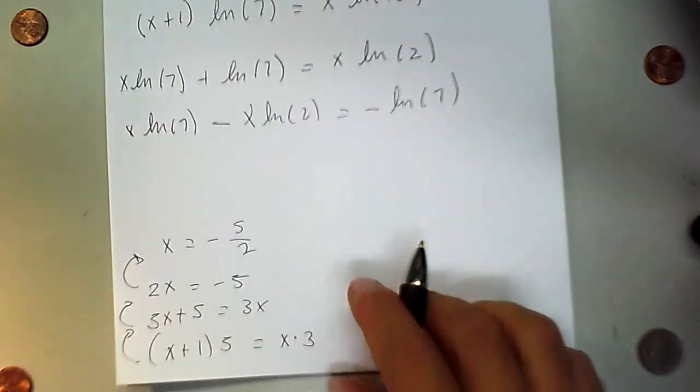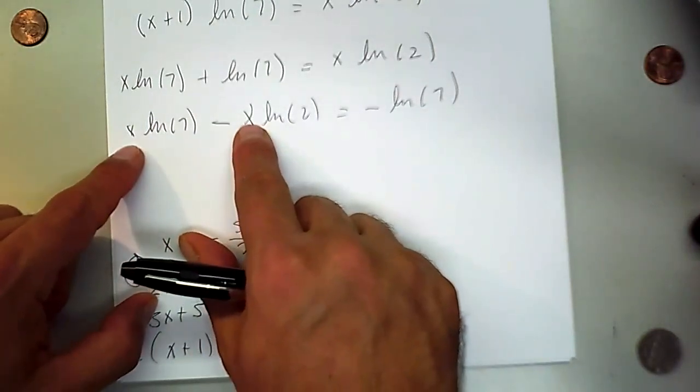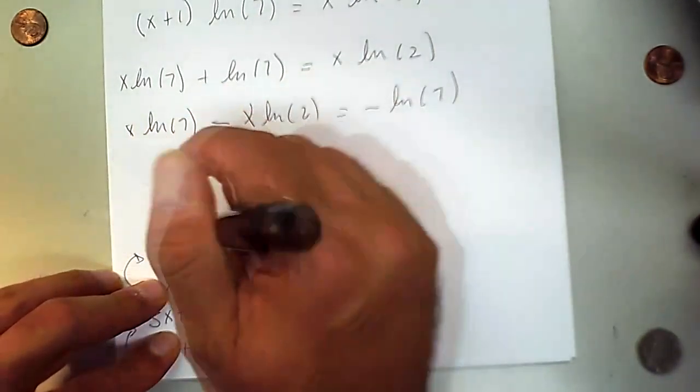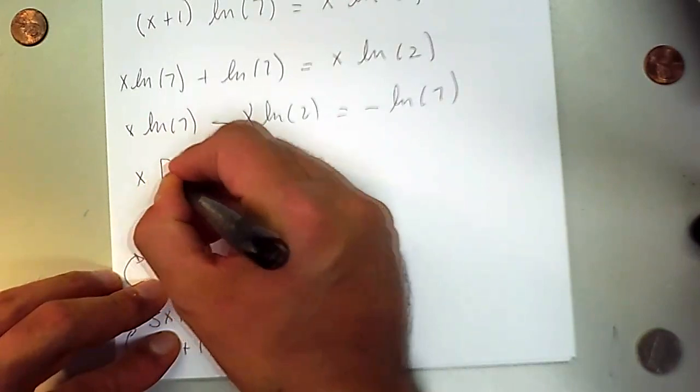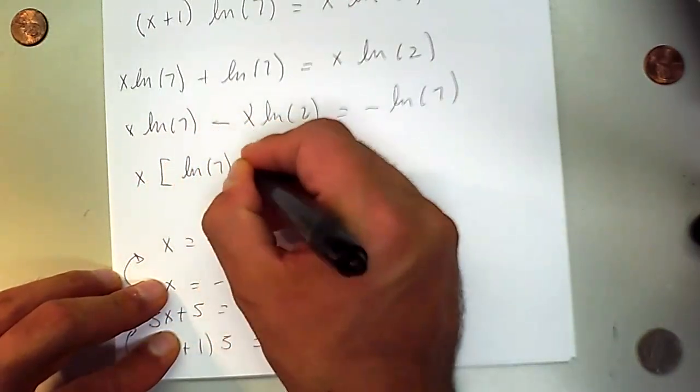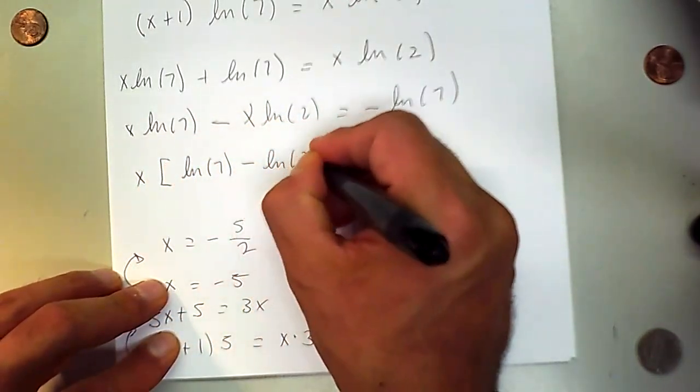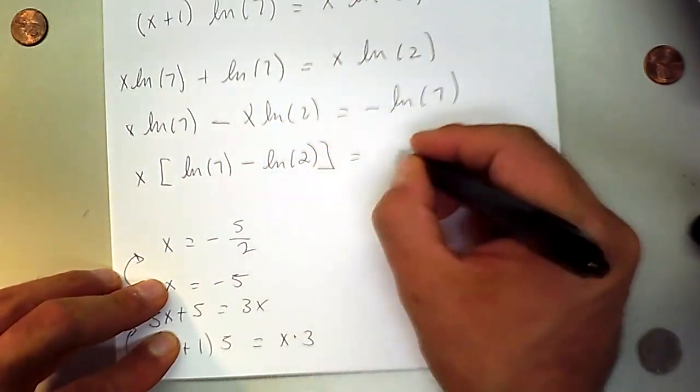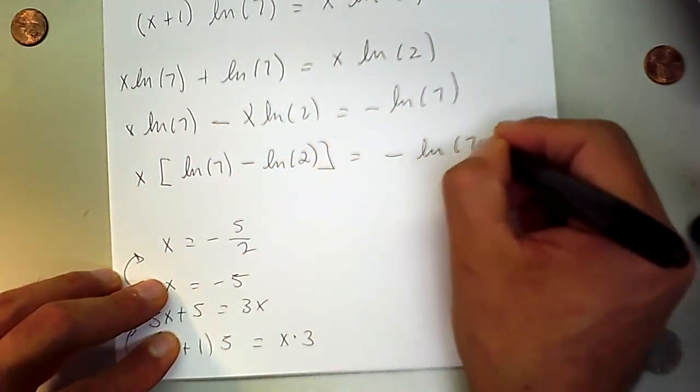Okay. Now we can factor the x from both of those. So x times natural logarithm of 7 minus natural logarithm of 2 equals negative natural logarithm of 7.